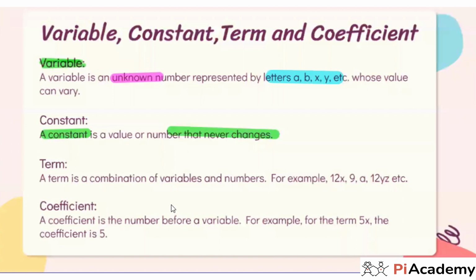For example, 12x, 9a, 12yz, etc. So after learning variable and constant, let's learn about term. A term is a combination of variable and numbers. For example, 12x is a term. In this, a variable is there as well. The variable is x, and this 12 is known as the coefficient.